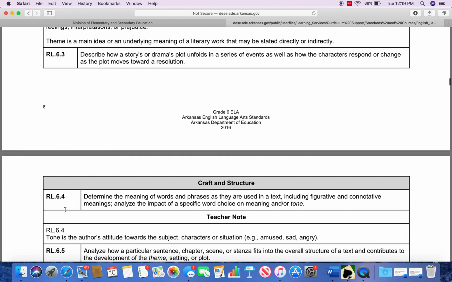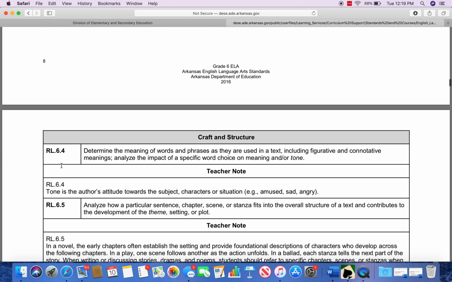Okay, so as we're looking at this, we see that reading literature grade 6, the fourth standard means that they are to determine the meaning of words and phrases as they are used in a text, including figurative and connotative meanings.